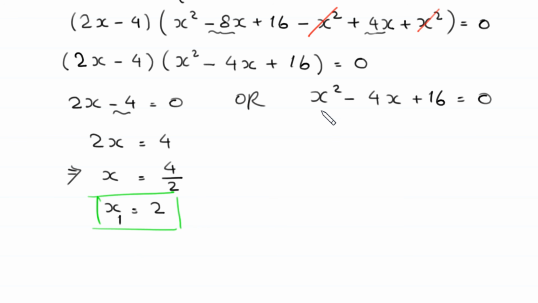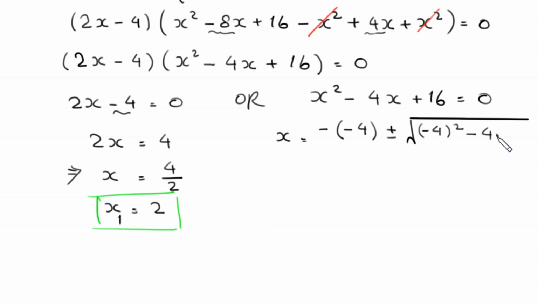Now from this quadratic equation, according to the quadratic formula, x is equal to negative b, which is negative 4, plus or minus the square root of b^2, that is (−4)^2, minus 4 times a, which is 1, times c, which is 16, divided by 2 times a, which is 1.